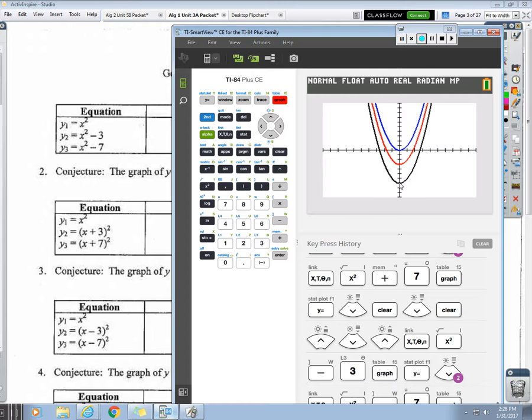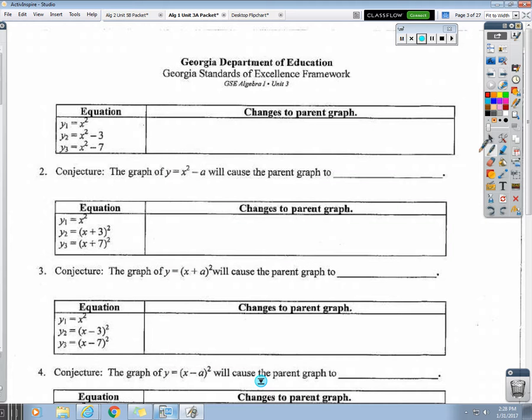That's at negative 7. So x squared minus 3 moved down 3 units, and then x squared minus 7 moved down 7 units.